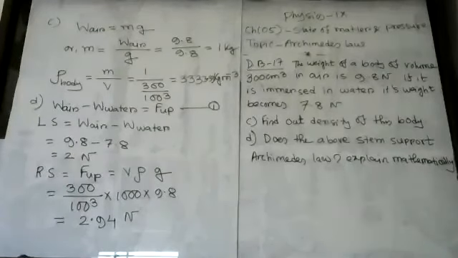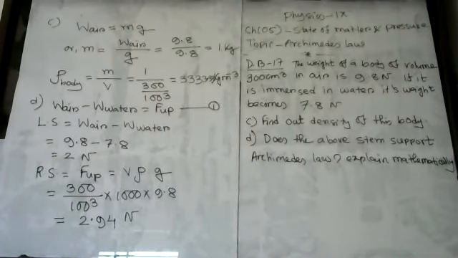Please check this equation carefully, my dear students, because we're going to make a conclusion here: whether this given information can support or not. That's why please confirm, is it 2.94 or is it 1.94?